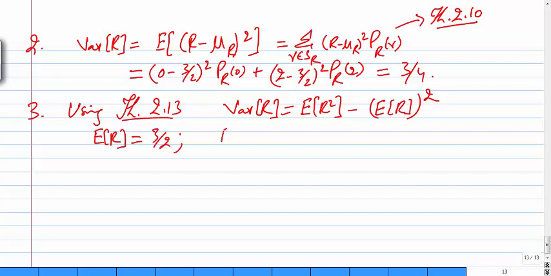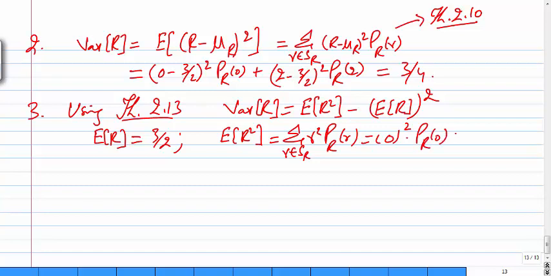Now we have to calculate expected value of R square, which is the sum over R belonging to S R of R square P R of R. So we have 0 square times P R of 0 plus 2 square times P R of 2.